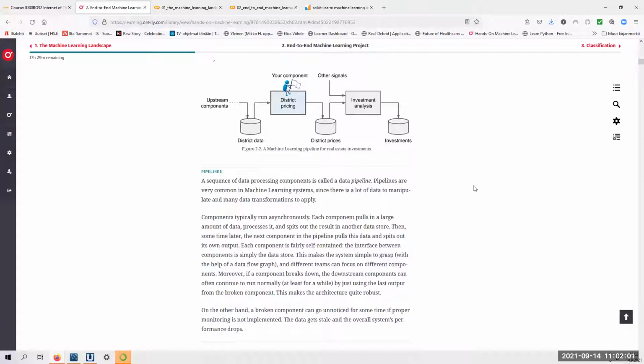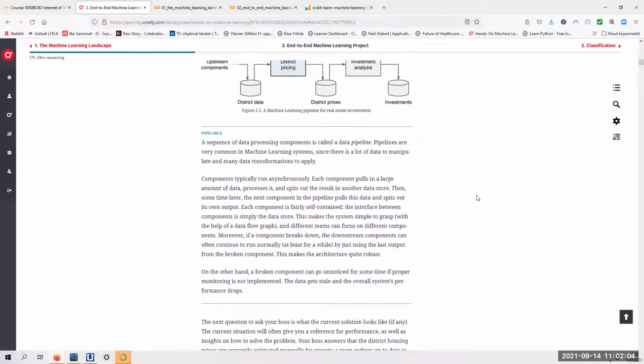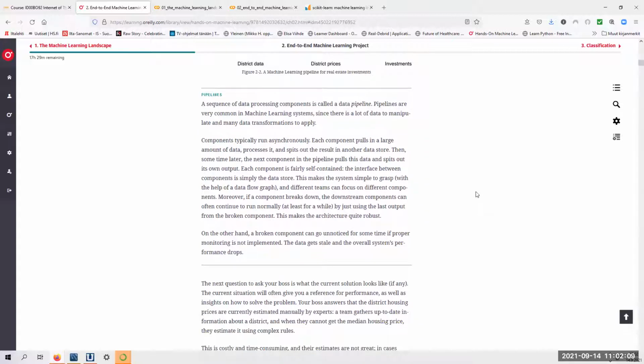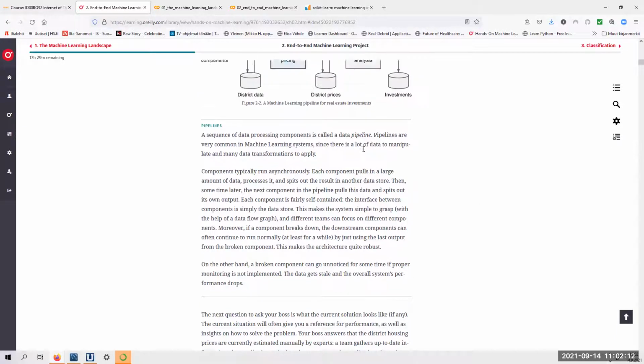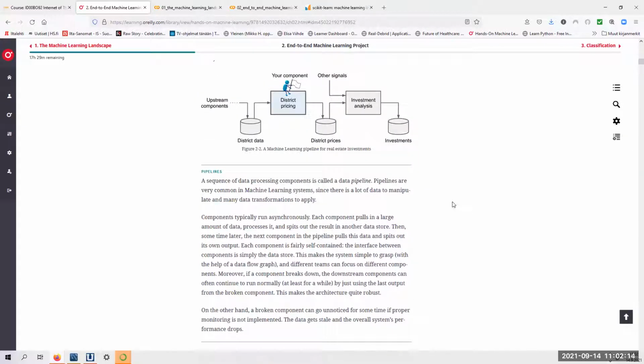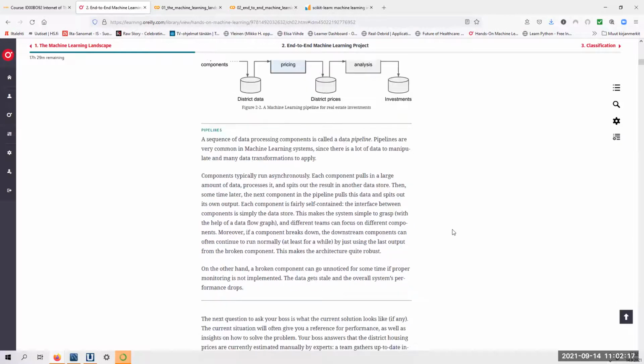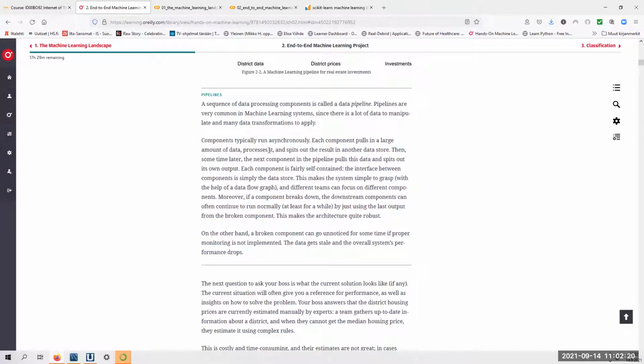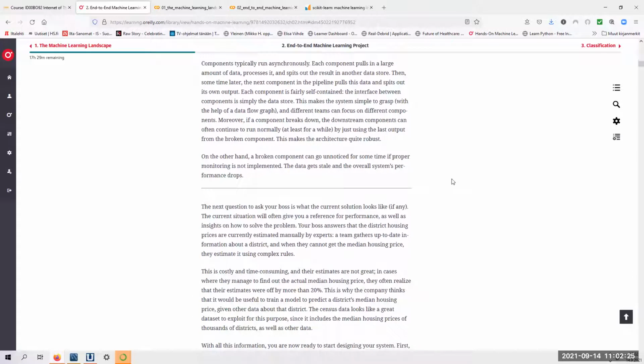So this is called a data pipeline. These different components of the pipeline run asynchronously, and each component pulls a large amount of data, processes it, and spits out the result into another data store. And then later it will be used by maybe some other component of the system.